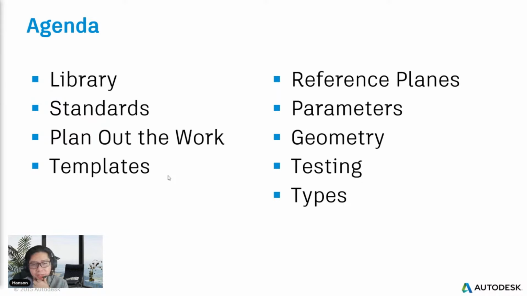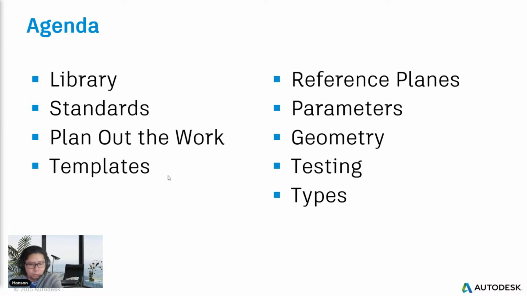So for this, we can start with our agenda for today's lecture. We will start with the library and the standards, how we can plan our families, the templates. If you have already downloaded the templates, I think I have shared a file called generic model RFT.